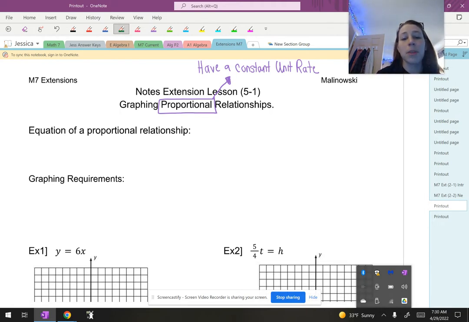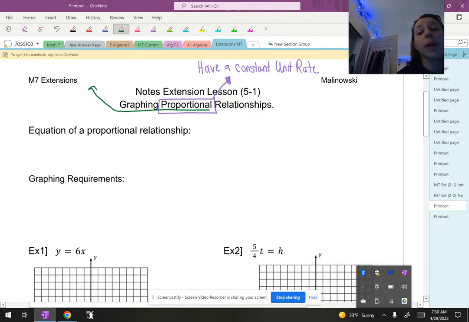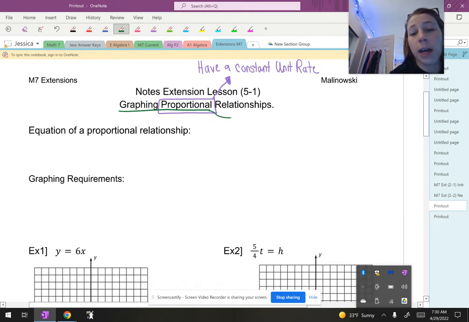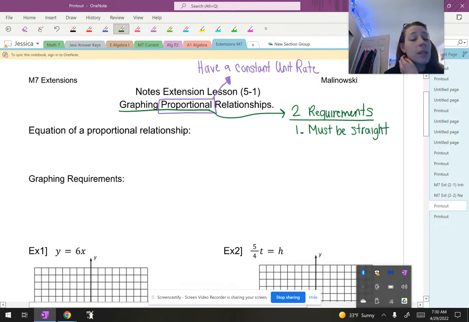You might also remember that a graph of a proportional relationship has two requirements. The first one: it must be straight.